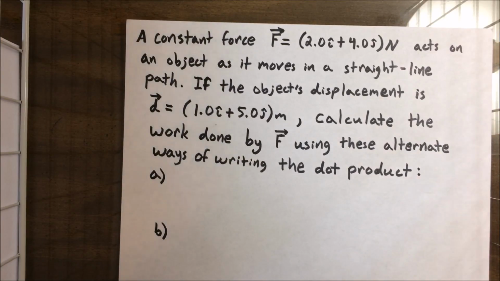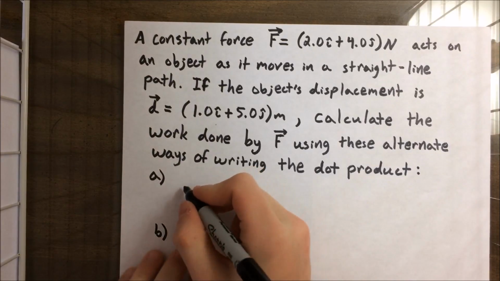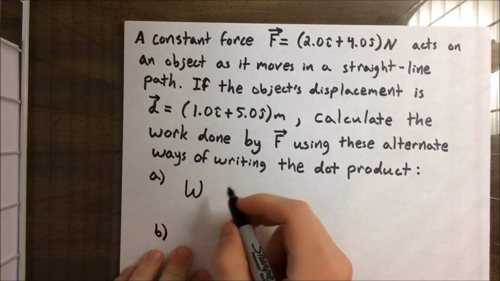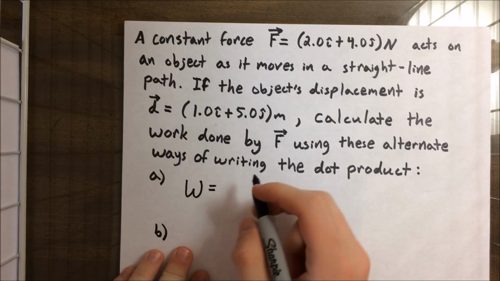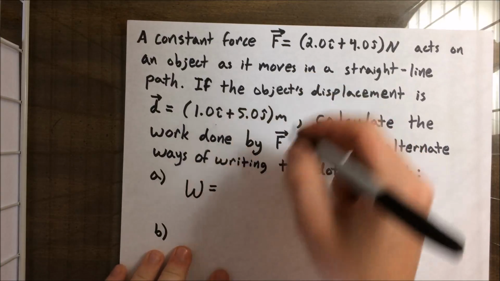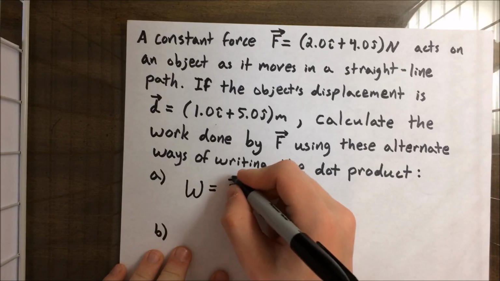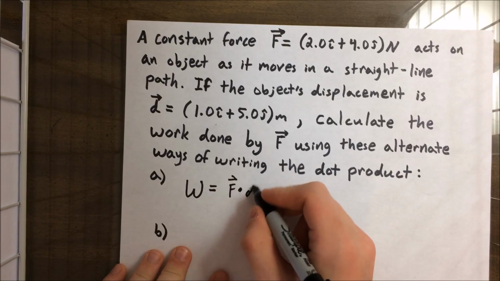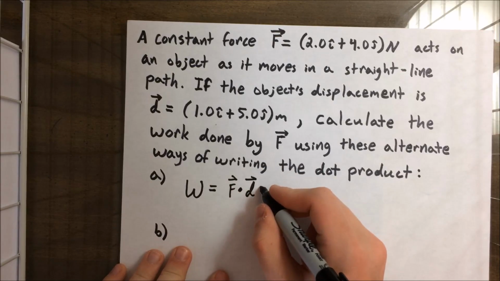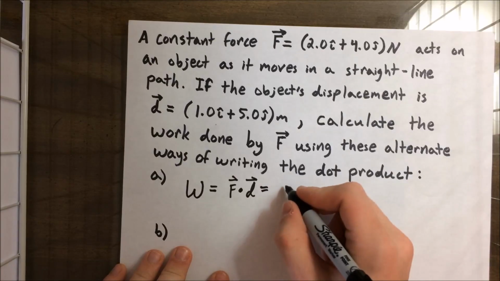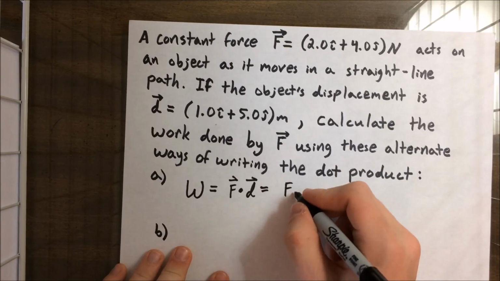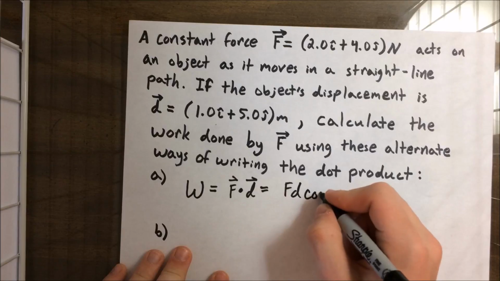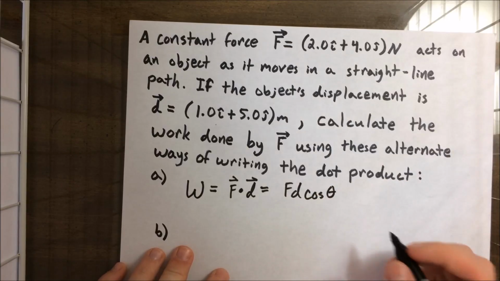So in part A, we are going to use W is equal to, let's go ahead and write the standard part, f dot d, and then that's equal to, this is the part we're using, f d cosine of theta.